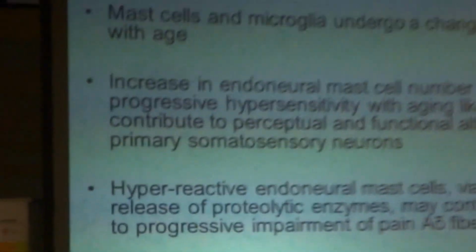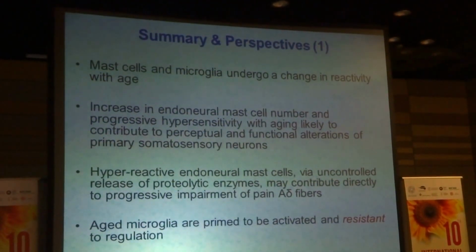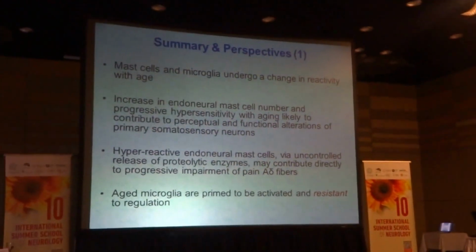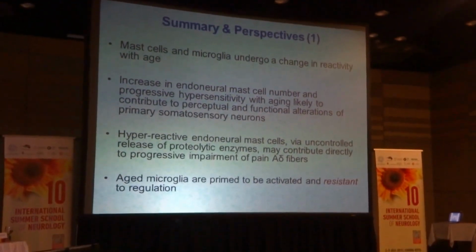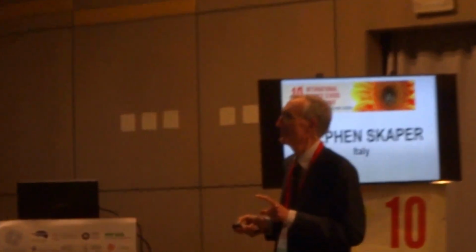So the take-home message is that these players in inflammation, mast cells and microglia, undergo change in reactivity with age. If we look in the peripheral nerve, in the endoneurial compartment, mast cell numbers increase with age and also become more reactive. This can also affect how the primary somatic sensory neurons respond.